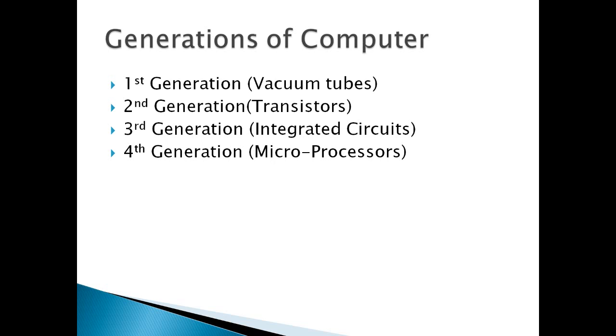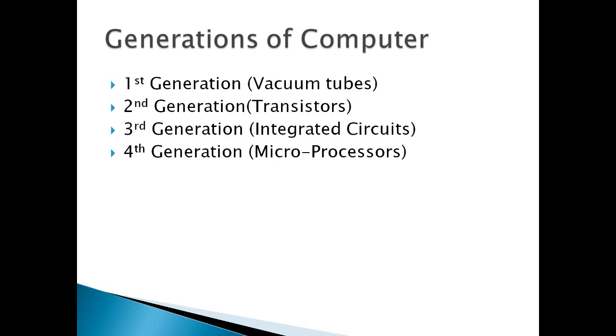By the time of the second generation, when transistors were developed, transistors made the computer size much smaller. With the help of a transistor, the computer's performance was also improved, the heat production was reduced, and the memory was also increased to some extent.